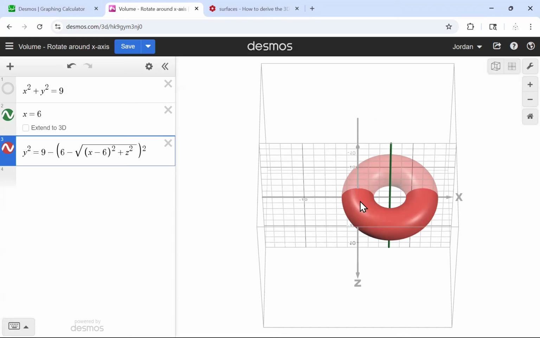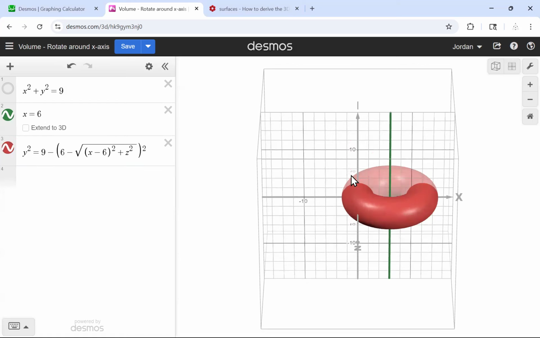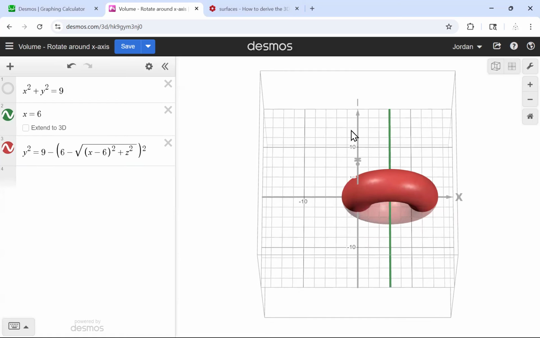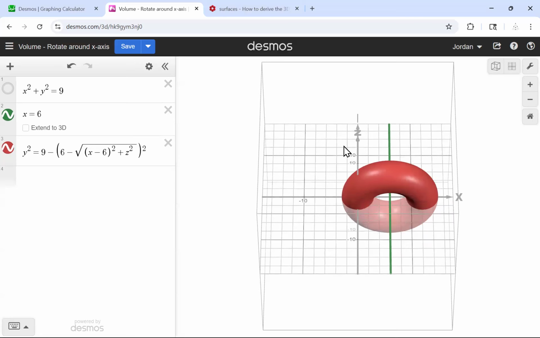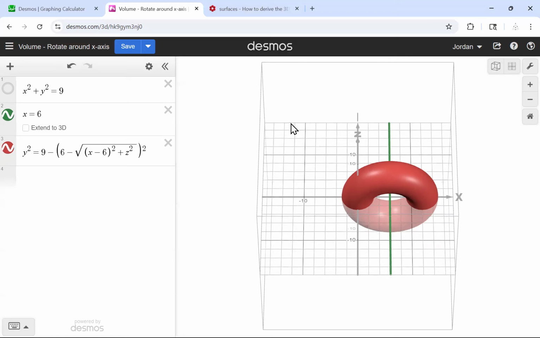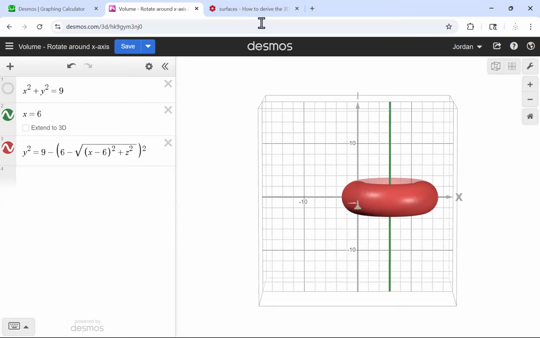So the cross section of this thing is a circle, and as we rotate it, we get a circle as well. And that's why we end up with pi squared. In this case, it was 108 pi squared. There is a general formula for the volume of a torus as well. You can look that up at some place if you'd like.